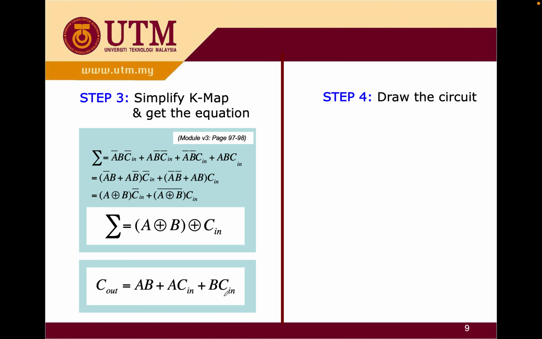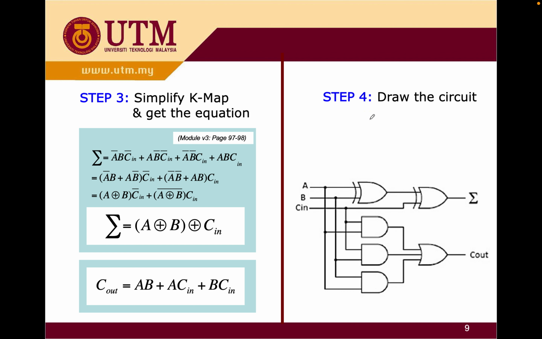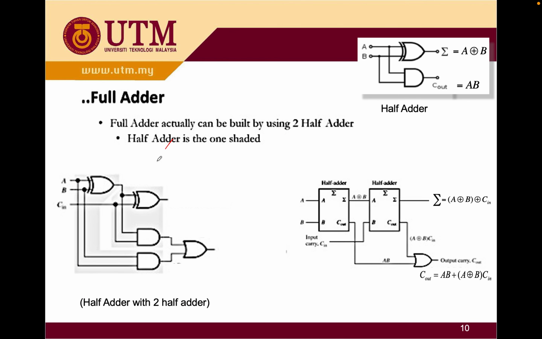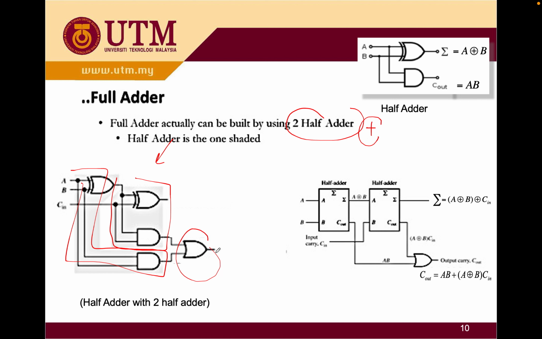Okay, that's why lastly you get the circuit looking like this for your full adder, and this looks much better, I guess. You can see it clearly. You have this half adder and another half adder, and by using these two half adders you combine them together using your OR gate here, and it becomes a full adder.